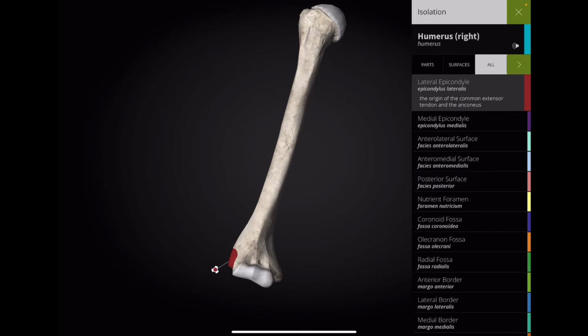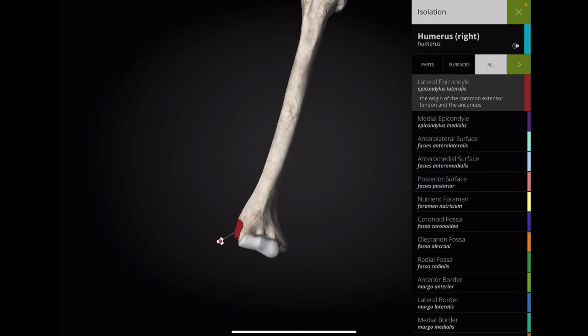You get all your extensors and flexor muscles that insert into these two epicondyles, so very important. But for the moment, we don't have to describe which muscle precisely inserts into those condyles, just remember that those two are places for the attachment of muscles.